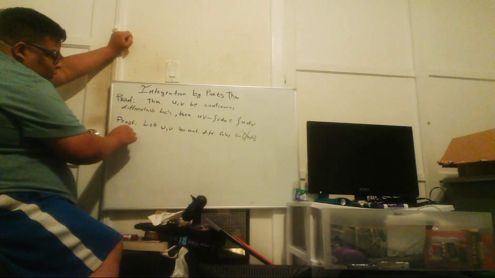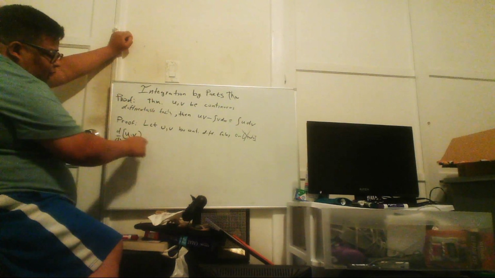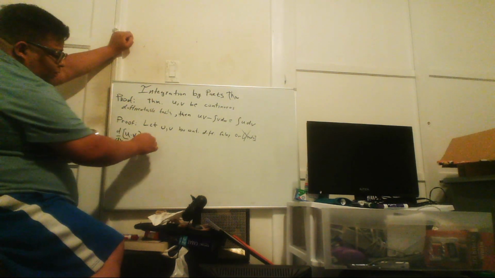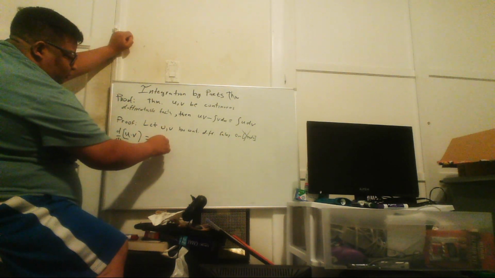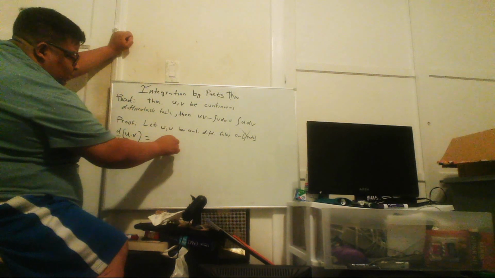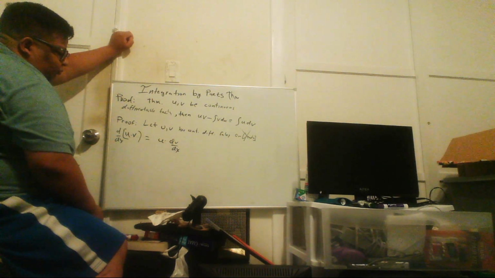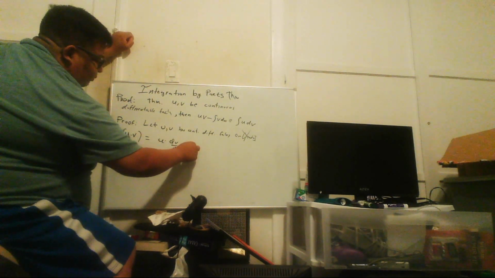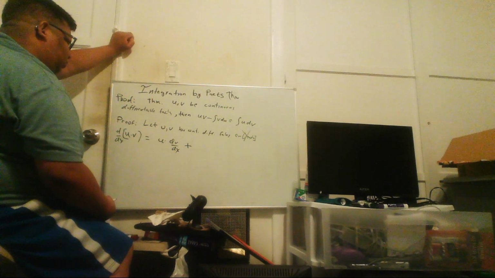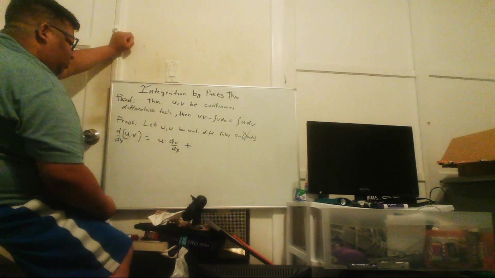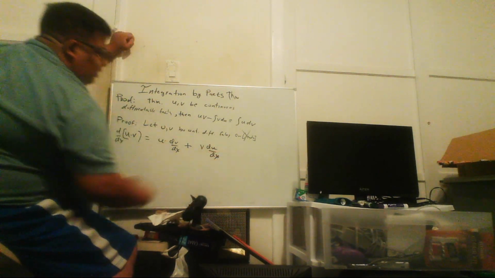So that means that d/dx of uv, the derivative of the product, using the product rule, is going to be equal to u times dv/dx, and then plus v times du/dx.